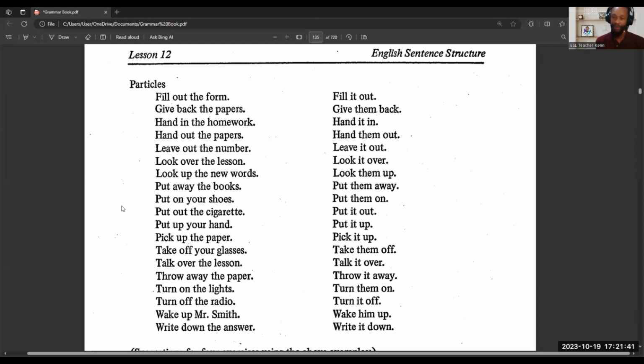Pick it up. Pick it up. Take off your glasses. Take off your glasses. Take them off. Again, take them off.